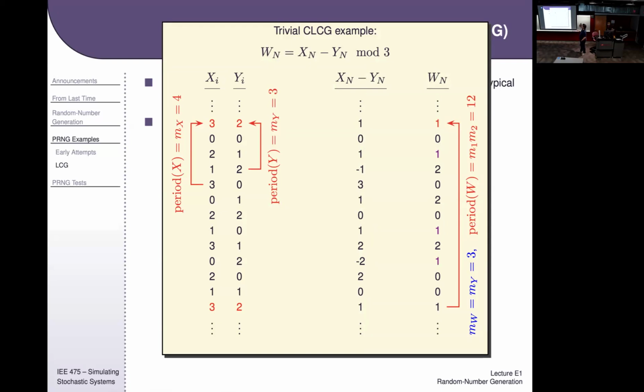But I basically created an LCG here that has a period of 4, and an LCG here that has a period of 3. In this case, I subtracted them. I then took the modulus, mod 3. So I divided these by 3 and took the remainder. That gave me numbers between 0 and 3. So now, even though my modulus is just giving me numbers between 0 and 3, the period here is actually bigger than the modulus of the CLCG.